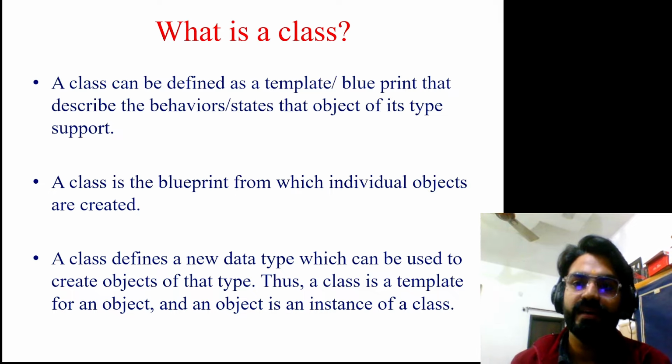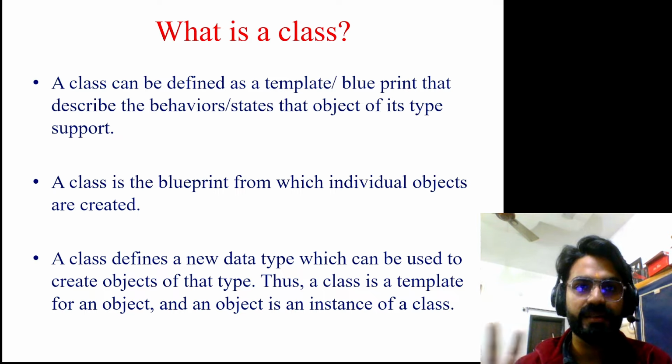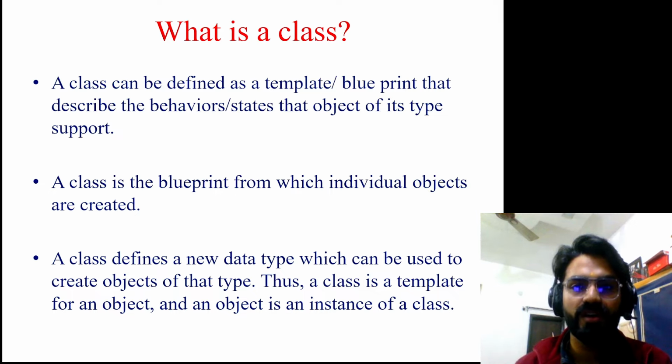In the same way, class is defined. So class is a complete template which has different behaviors and different states that describe the functions and states of that particular object.